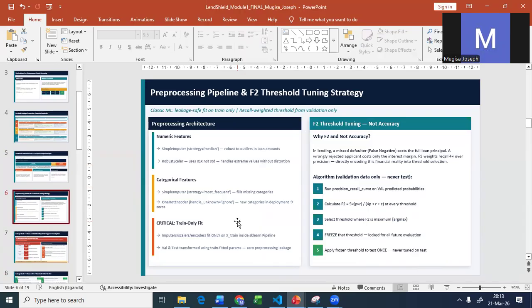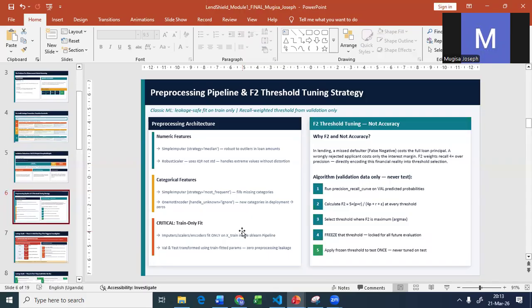So we look at the numerical features. What did we do? We did simple imputing with the median for the numerical features, and a robust scaler, where we use the interquartile range, not the standard deviation.